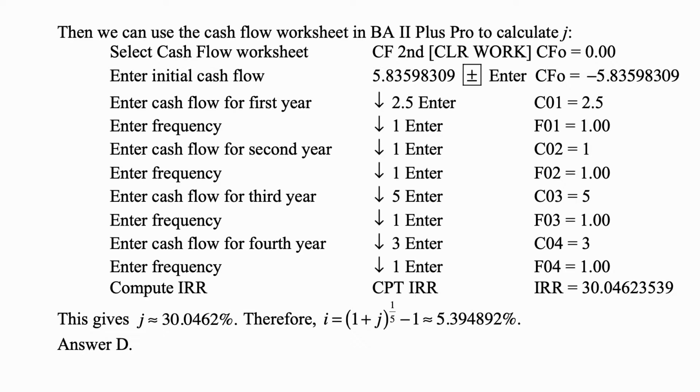That's the rate of return over 5 years. And 1 plus I to the fifth is equal to 1 plus this j, so I is equal to 1 plus j to the 1/5 minus 1, and that's approximately 5.394892%, which is answer D.